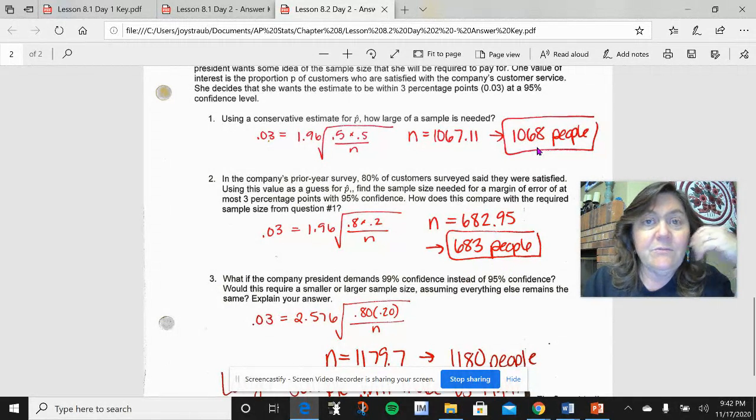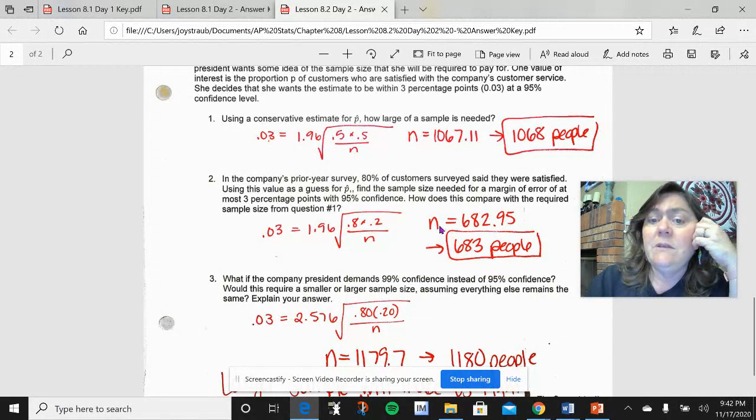Remember, that's what I'm trying to say, this 0.5 makes this the most conservative, and you would be sure to be within that 3 percentage points. Okay, but if you're pretty confident that you're not at 50%, that you're higher than that in your approval rates year after year, then you wouldn't have to survey as many people. It'd probably be okay. Right?